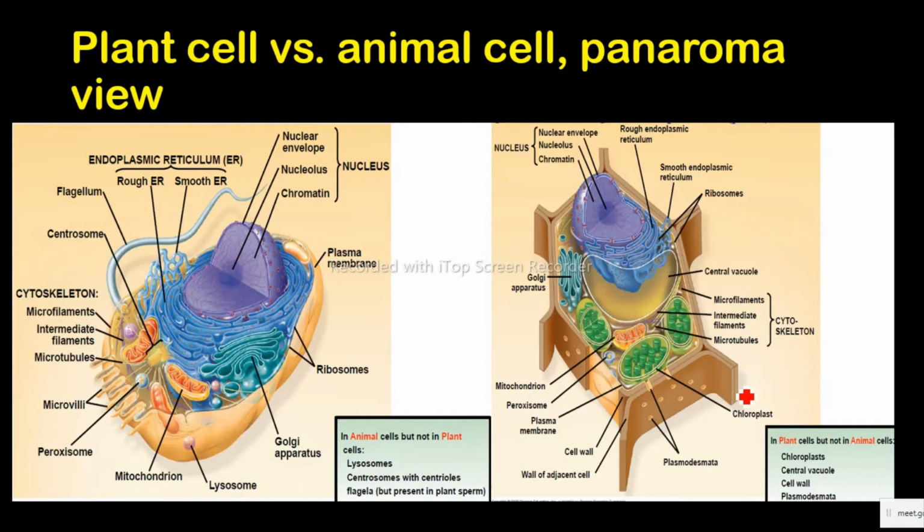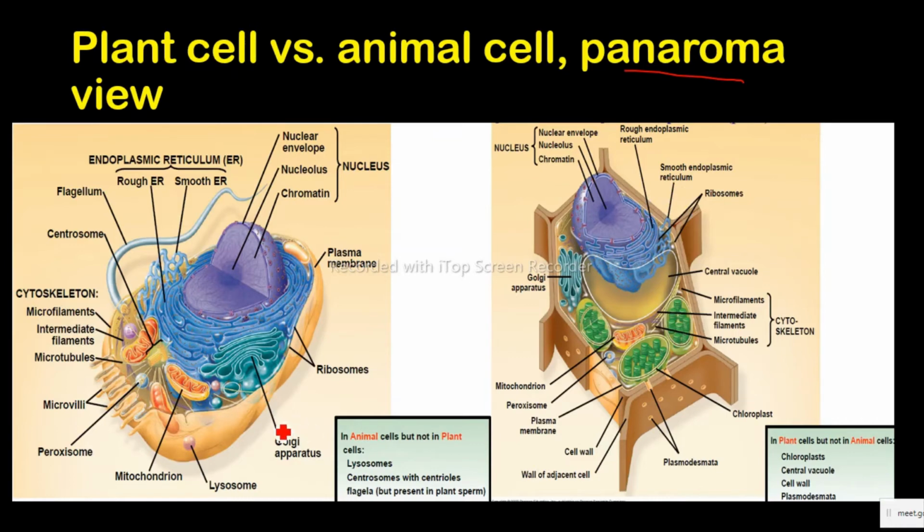So basically we can talk about a plant cell and an animal cell, the panorama view. That's why I told you I like these views, because they give you a clear picture of what a cell is. So on your left there is an animal cell, and on your right there is a plant cell.